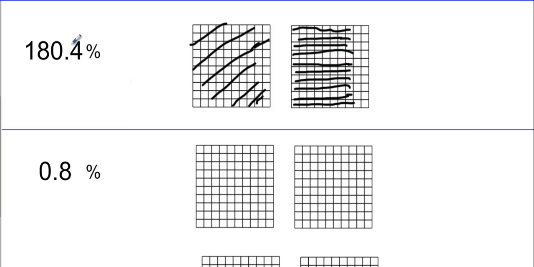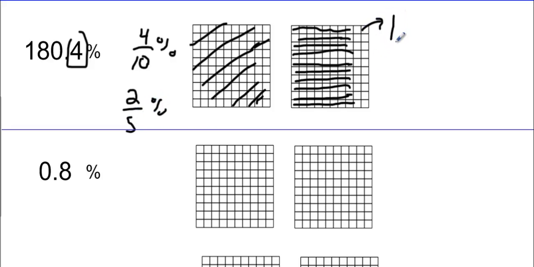And then we're going to get 4/10 more. 4/10 of a percent. You know what 4/10 of a percent is? That's 2/5 when you break it down. So we need to find a percent, break it into 5 pieces, and shade 2 of them. And then you move on.